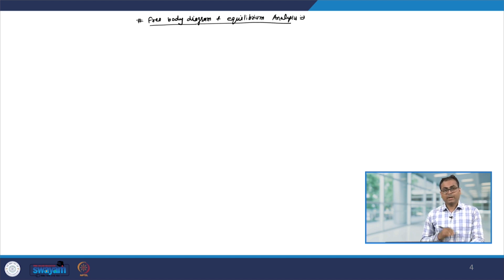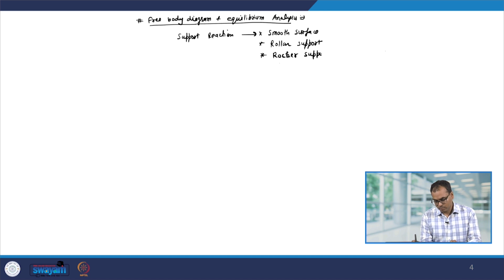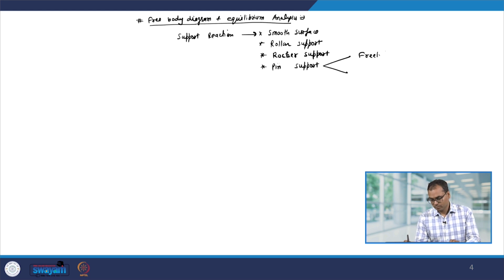For the free body diagram particularly we look at the support reactions: support reactions of a smooth surface, support reaction from a roller support, rocker support, pin support, and herein we discuss two cases: a freely hinged pin and a pin that is not allowed to rotate.